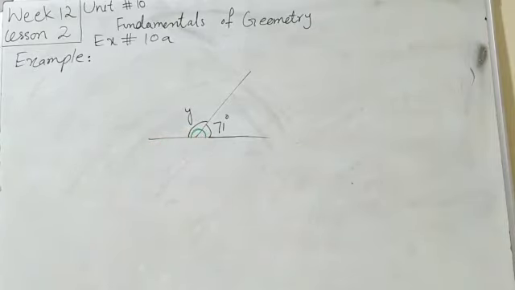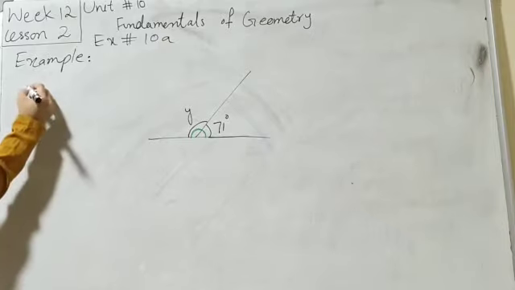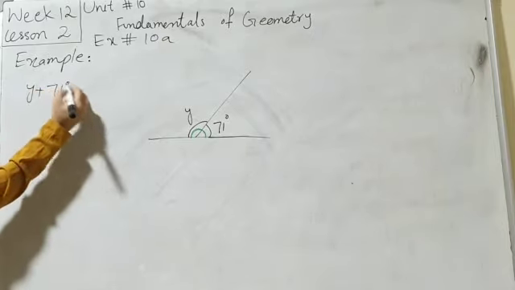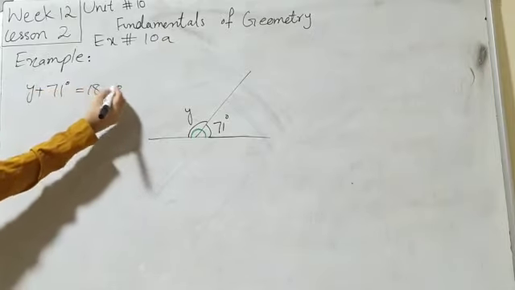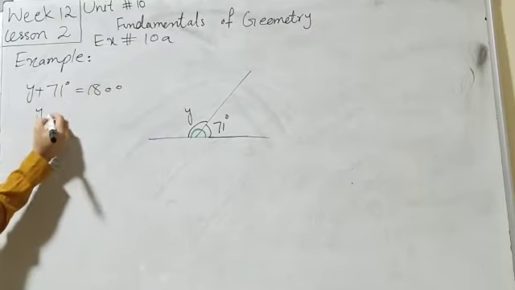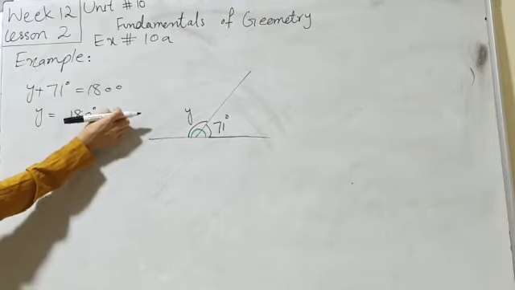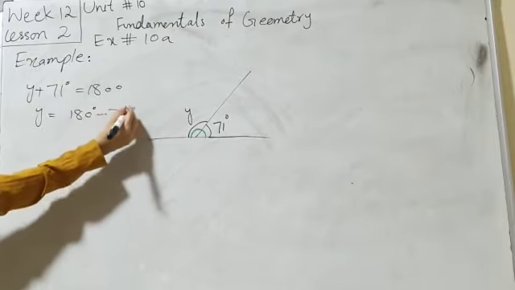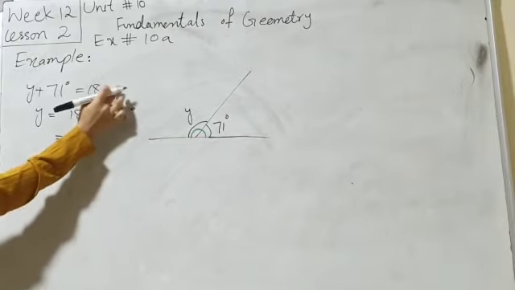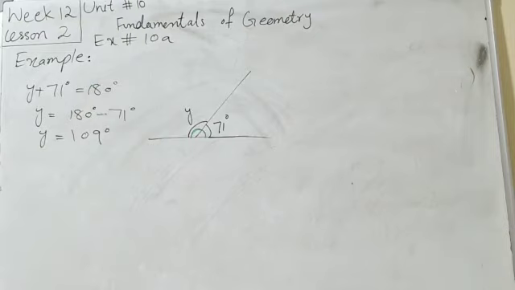So we can make an equation here that y plus 71 is equal to 180 degree. Now to get the value of y, we can write 180 degree minus 71. 180 minus 71 equals to 109 degree. So y equals 109 degree.